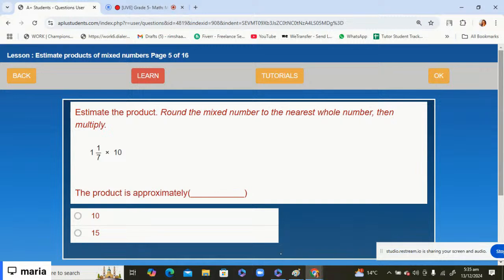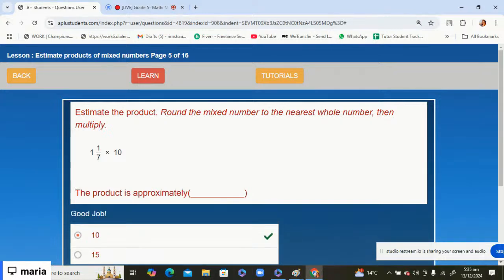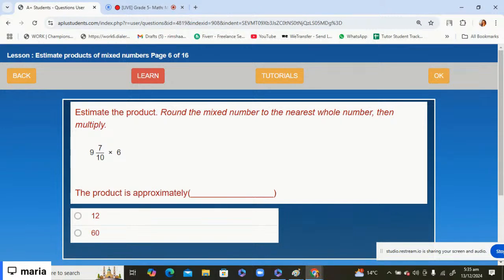Alright, okay. Hope you guys understand this lesson as well. Solve the rest of the test questions by yourself, okay, regarding this lesson, and also practice the lesson.